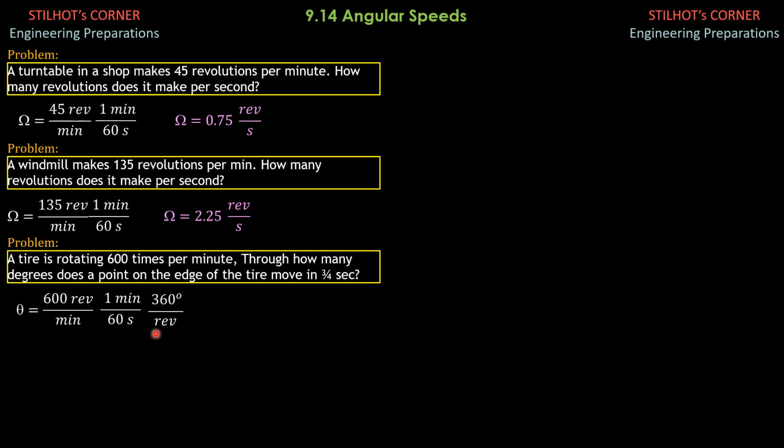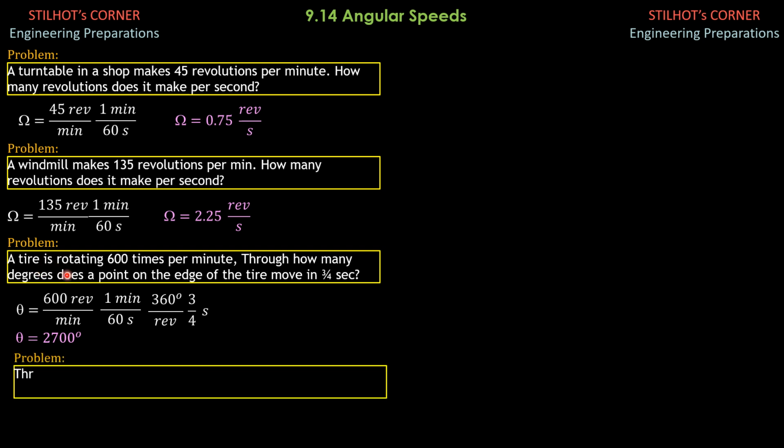The current unit is now degrees per second, so we multiply further by 3/4 seconds, and that would now be in degrees. Using your calculator, it is equal to 2700 degrees.